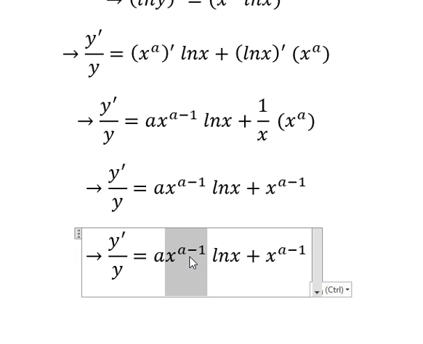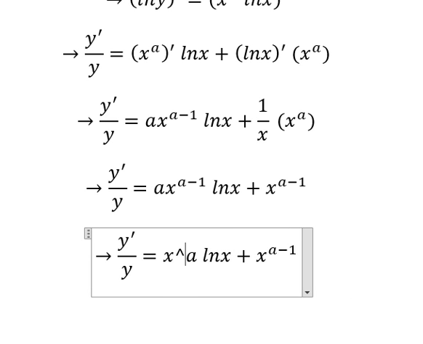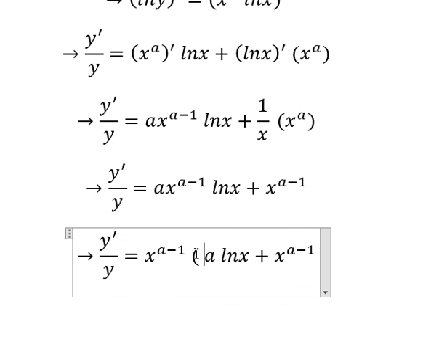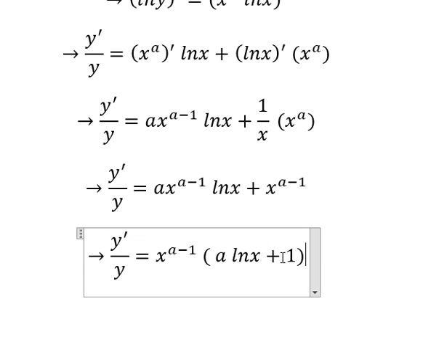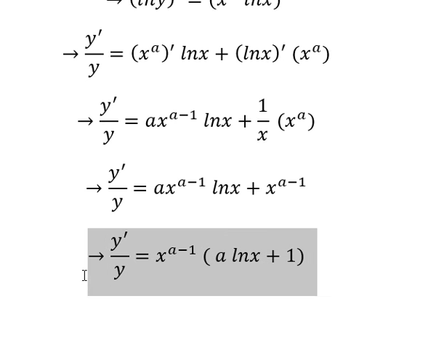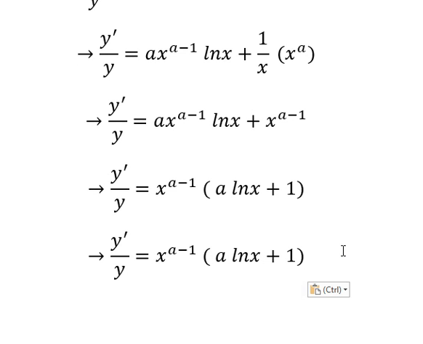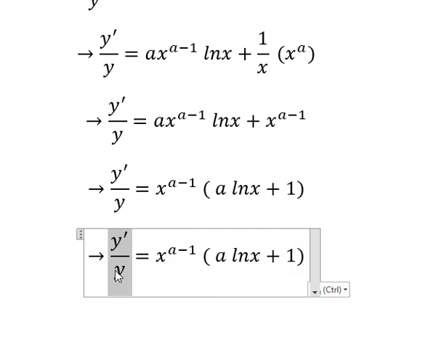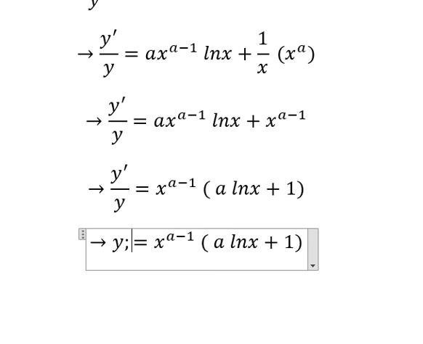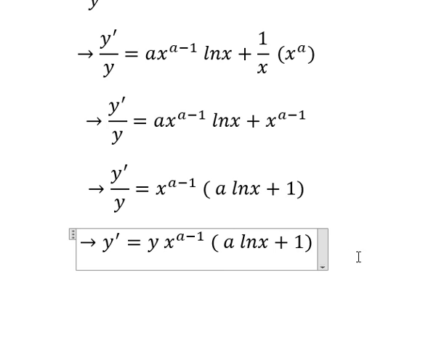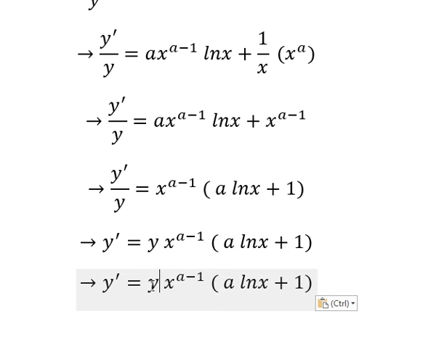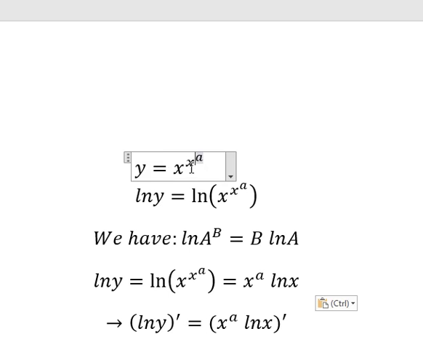We can do factorization. Next, we multiply both sides by y. We know that y is this one.